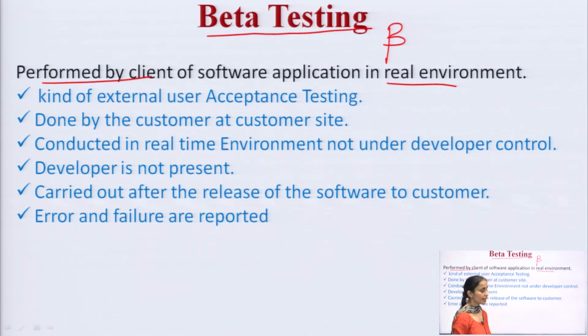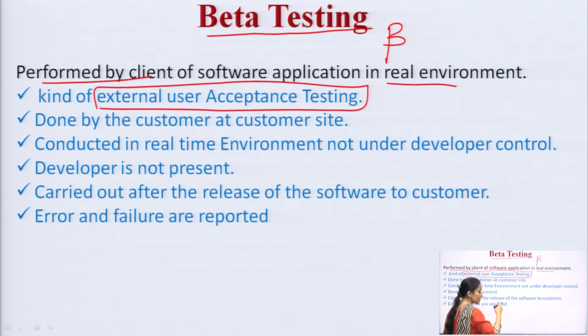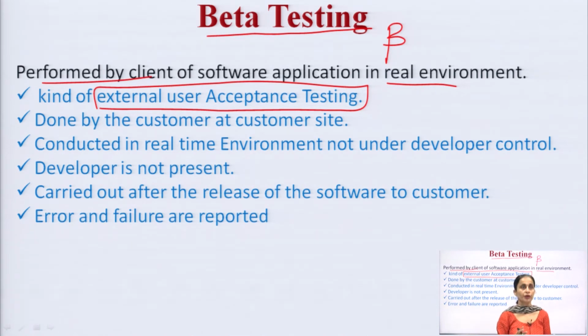Beta testing is a kind of external user acceptance testing, means the persons outside the organization are involved for doing the user acceptance testing, UAT. The alpha testing was in-house UAT and beta testing is our external UAT.